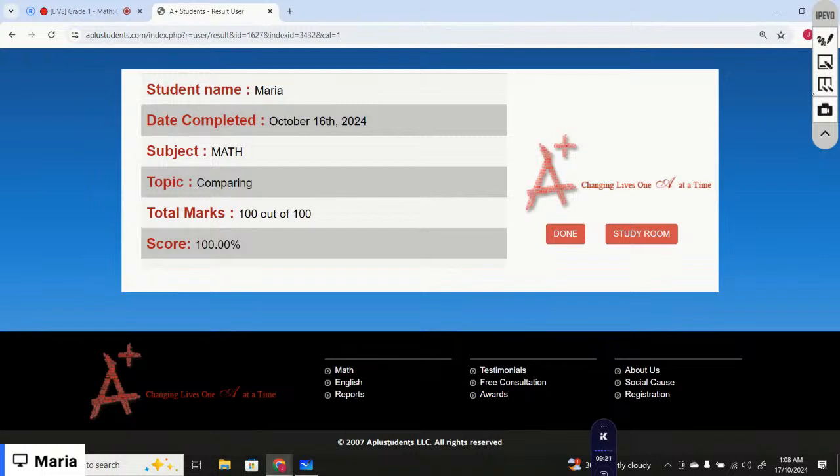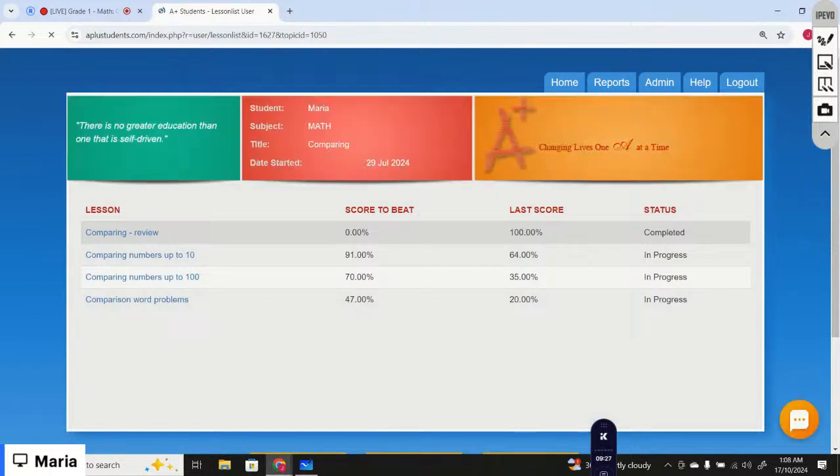So we're done with the lesson. Let's just start with the next lesson. The next lesson is comparing numbers up to 10.